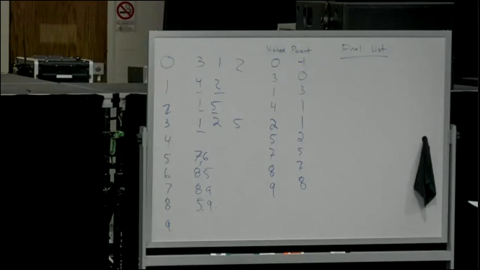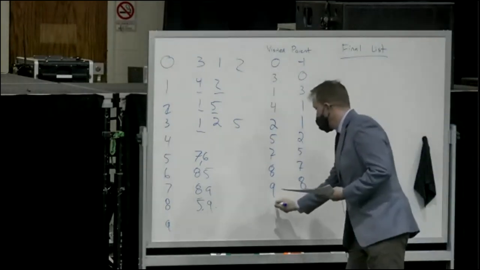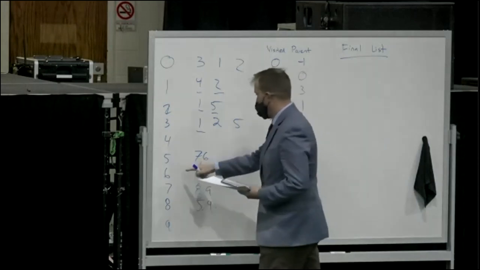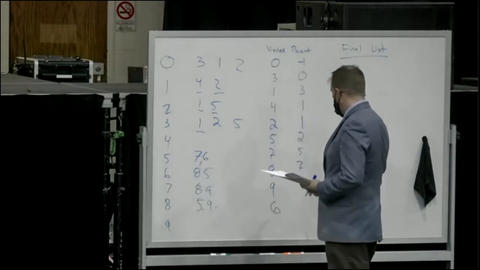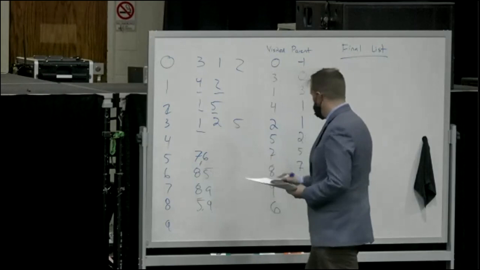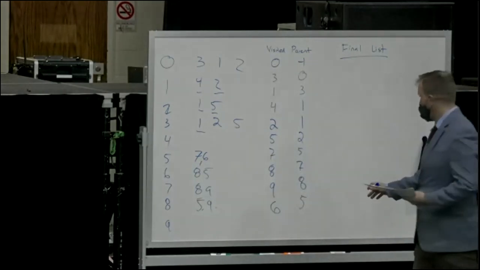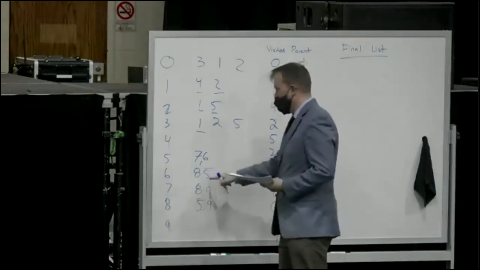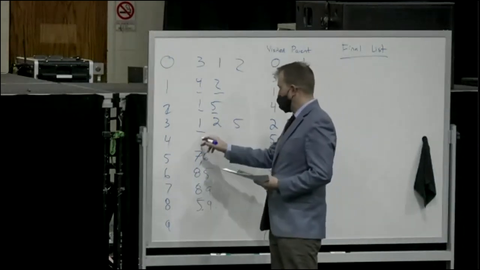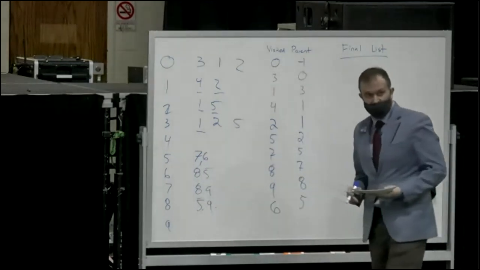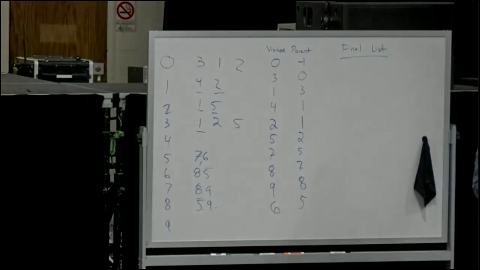Okay, so now we have to say, well, 6 is here, and 6's parent came from 5, right? Yes. So then we go back, we go like, well, 6, 8, and 5 are there, so we can recurse back up and we find the entire thing. So what's our result?